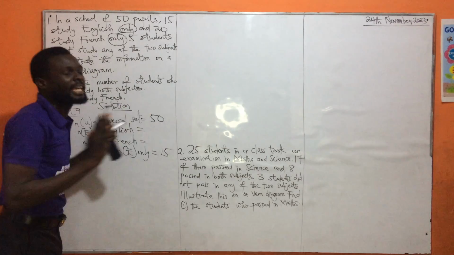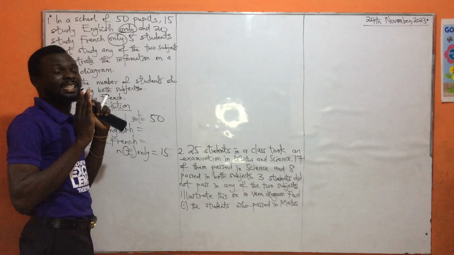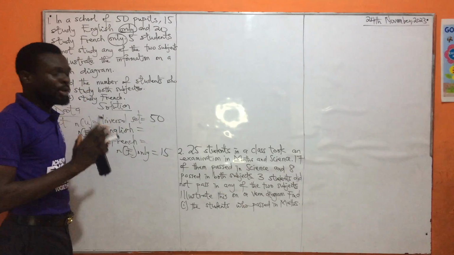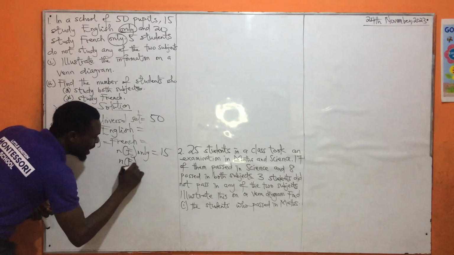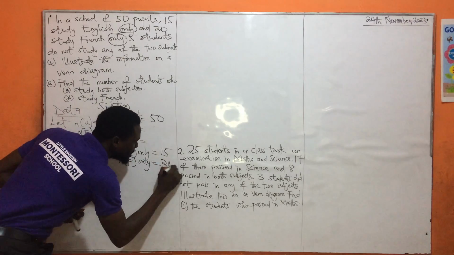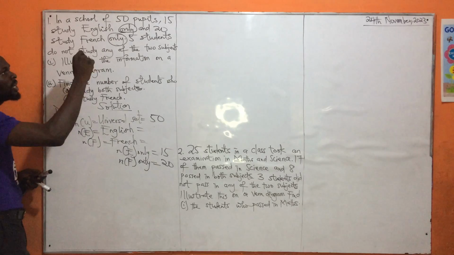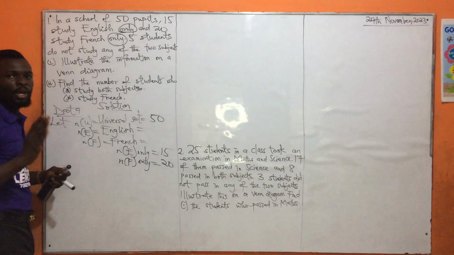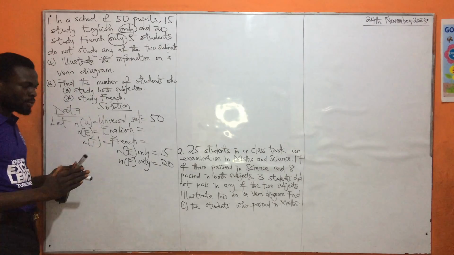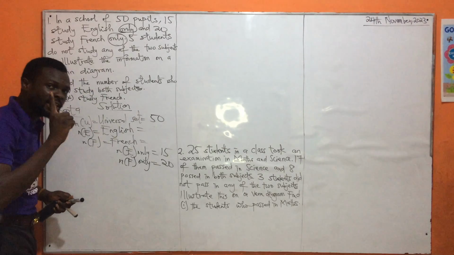So they studied English. They didn't involve themselves in studying French. So we write it on its own. Then also, the number F only is 20, which was also given in the question. 20 study French only. So we should always be careful when it comes to the "only".